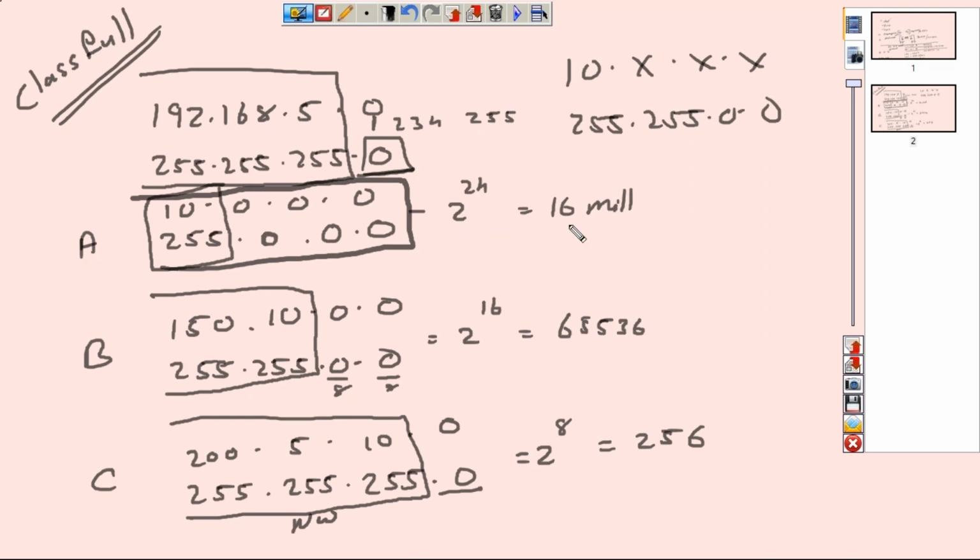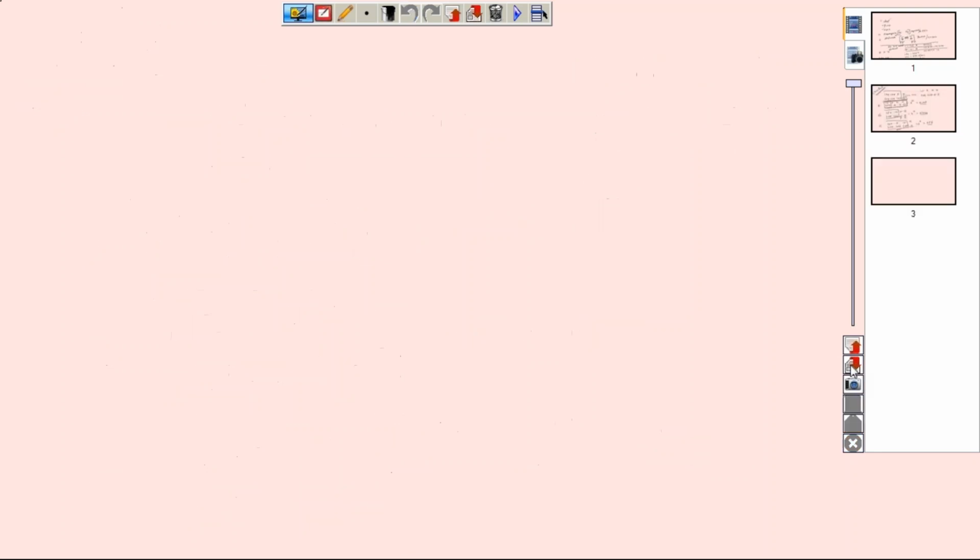Class A can have only 16 million, not less, not more. A single class B network can have only that much. A single class C, only so much. Which is why this was called classful subnetworking, because we define the number of machines you can have based on the class, right? All right. But what is the problem here?